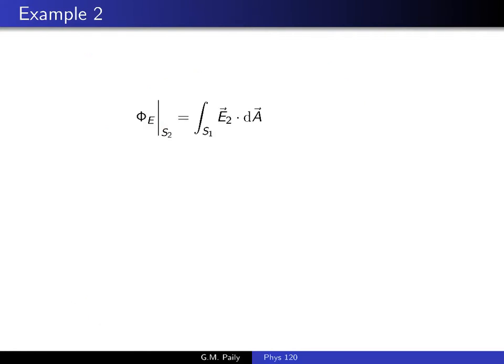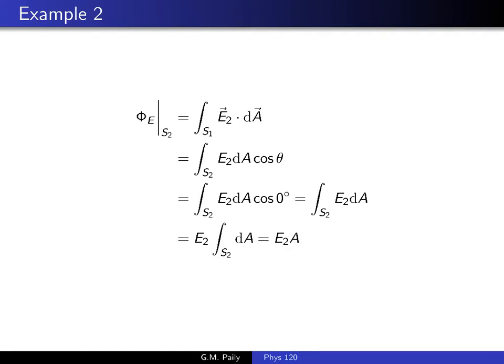Once again, we calculate the flux, expand the dot product, substitute for the angle. Since cosine of 0 is 1, it simplifies to integral E2 dA.